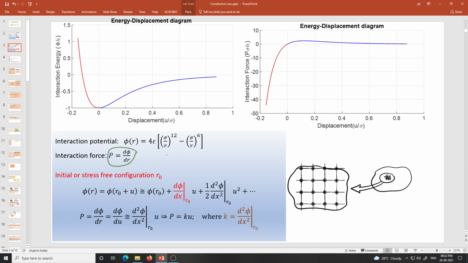Now if we just assume that r is measured as Rm plus u, then we can define u as the displacement, the difference between the current distance and the equilibrium distance.